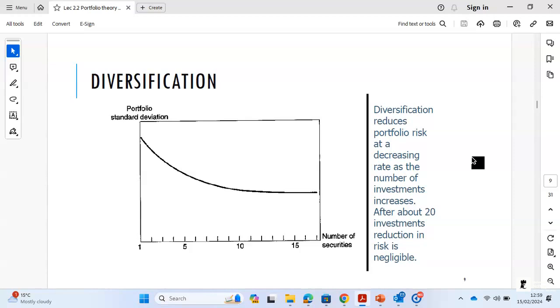But as you add more securities, your risk starts to go down. Okay, standard deviation starts to go down. All right. Adding on more securities means diversification. You're not investing in one stock or one asset. As you diversify, your overall risk tends to go down.